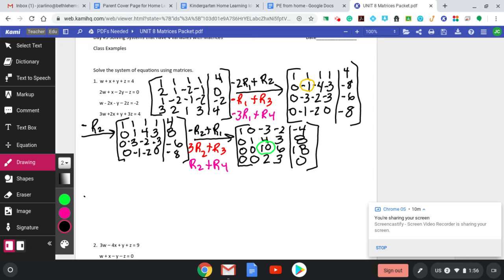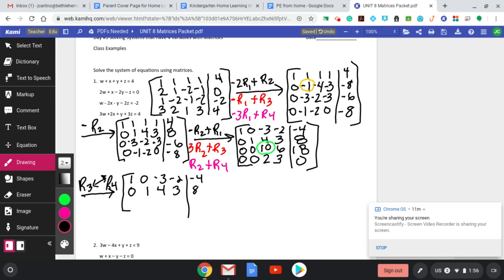I am going to take row 3 and flip it with row 4. Now, again, you don't have to do this. If you want to deal with 6/10 and 18/10, that's fine. You can. There's no rule saying you can't. So 1, 0, -3, -2, and -4. 0, 1, 4, 3, 8.